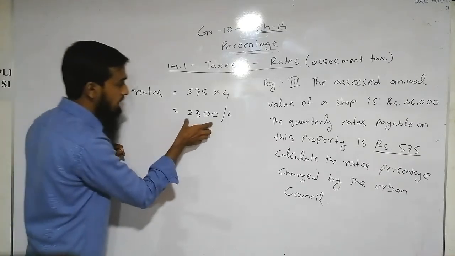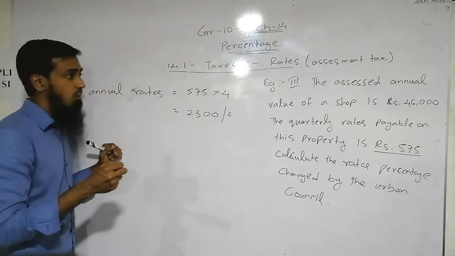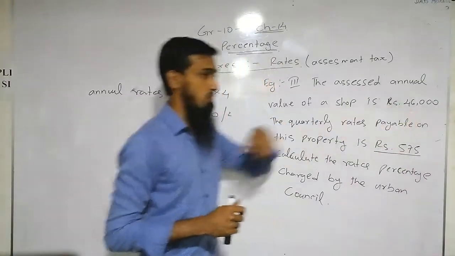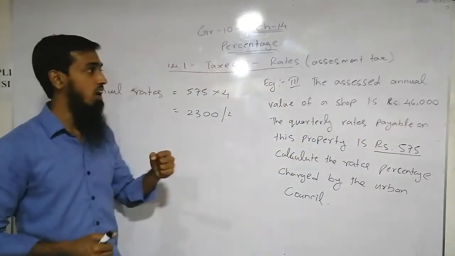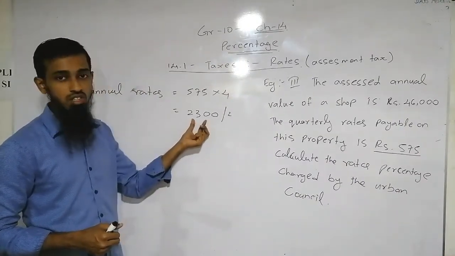So 2,300 rupees is claimed from 46,000. So what is the percentage? From 46,000 they claim annual rates 2,300.